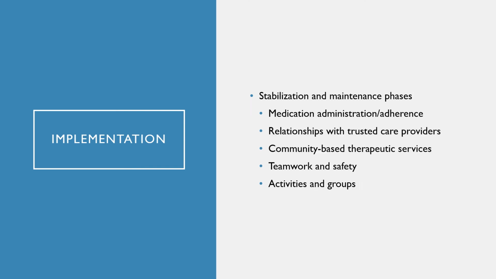Once they have moved into the second phase, or the stabilization or maintenance phase, our interventions may look like this. Care is more geared toward the patient's strengths, culture, personal preferences, and needs. Connecting patients and families to community resources, not just referring, but truly connecting them.